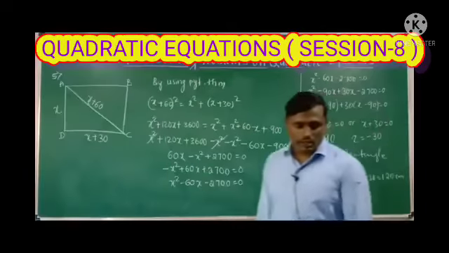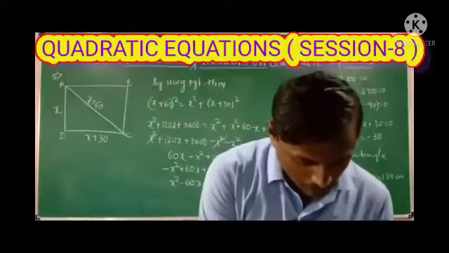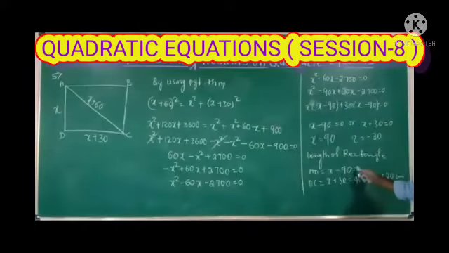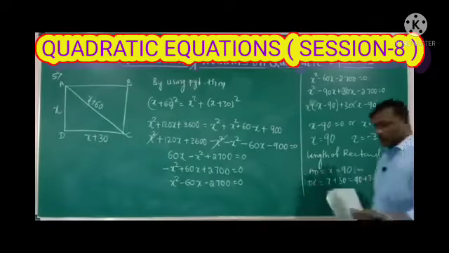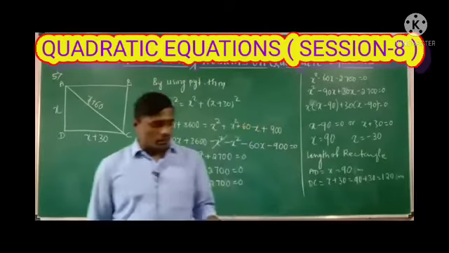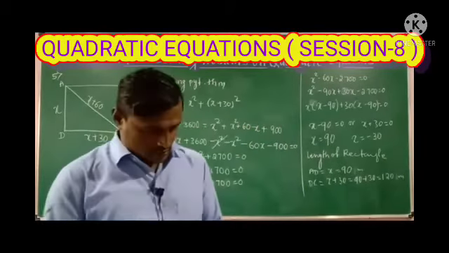Okay, so these are the two roots of the quadratic equation. Here the lengths are in meters, so 90 meters and 120 meters are the two lengths of the sides of the rectangle. See the next question.